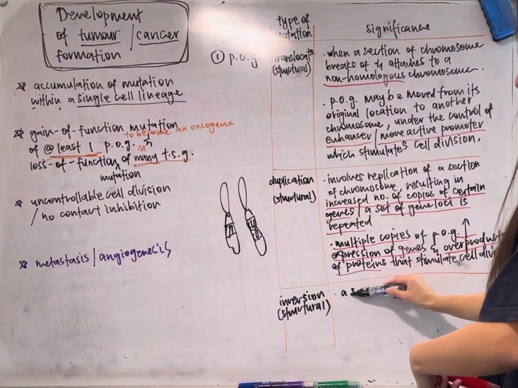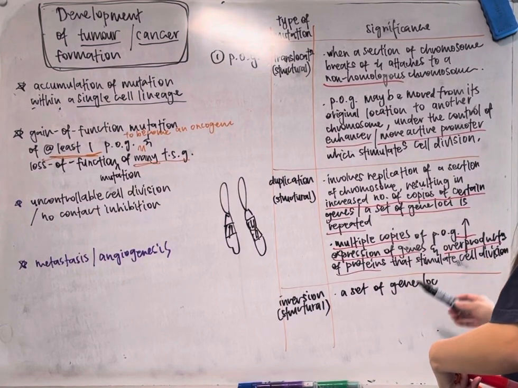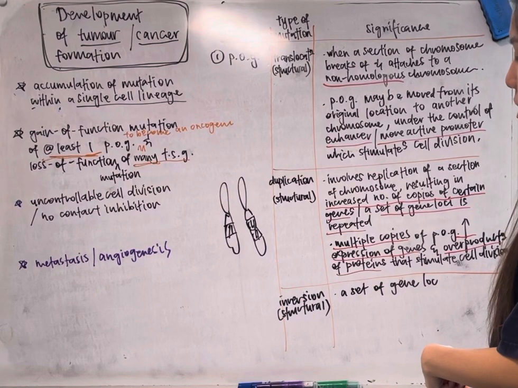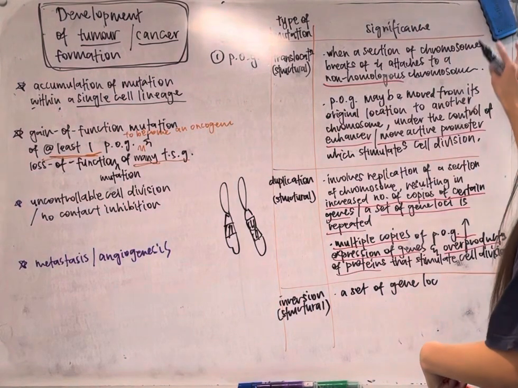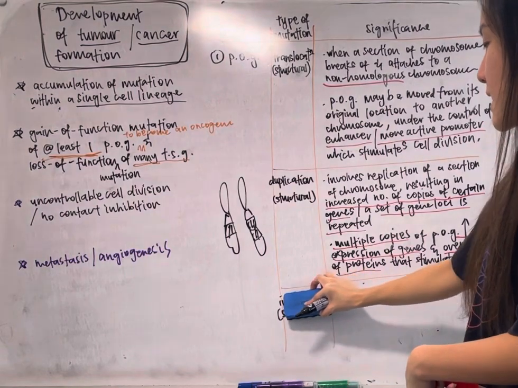So again, a set of gene loci inverted. Wait, why would this inversion bring about a proto-oncogene becoming an oncogene? Oh, that makes no sense. That is for tumor suppressor genes, right?